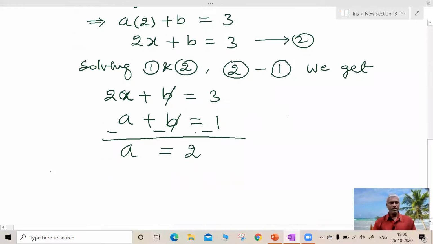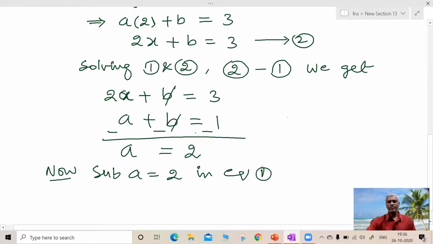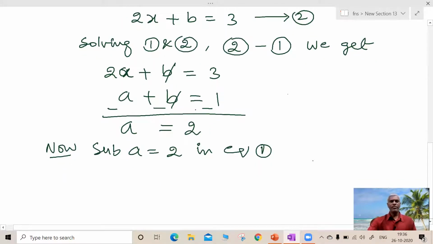Now substituting this a value in the first equation, substitute a is equal to 2 in equation 1. That is a plus b is equal to 1.